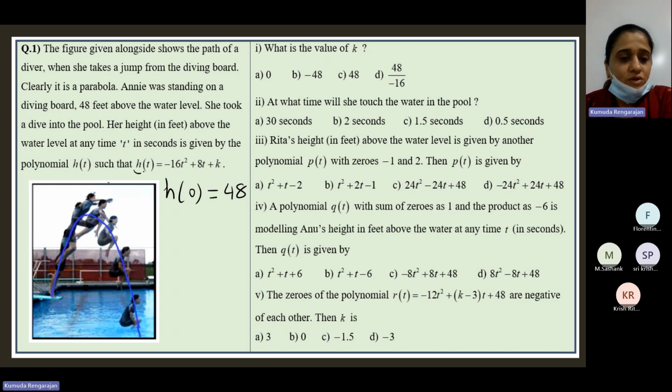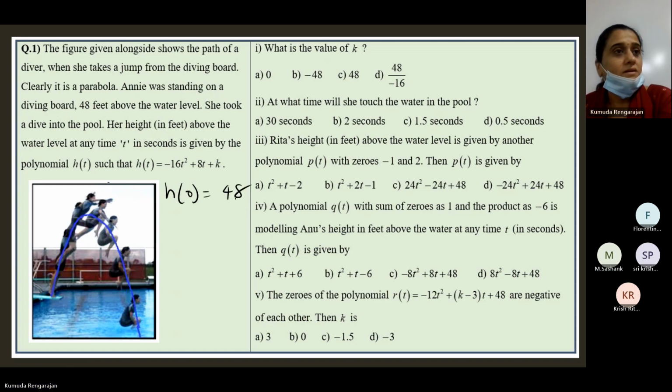Why h of 0? Because h of t is Annie's parabola. So when time is 0, you should get the answer as height. The height is 48 feet. So h of 0 is equal to 48. If you write this, then everything is easy. So how do you work h of 0? This is only h of t.